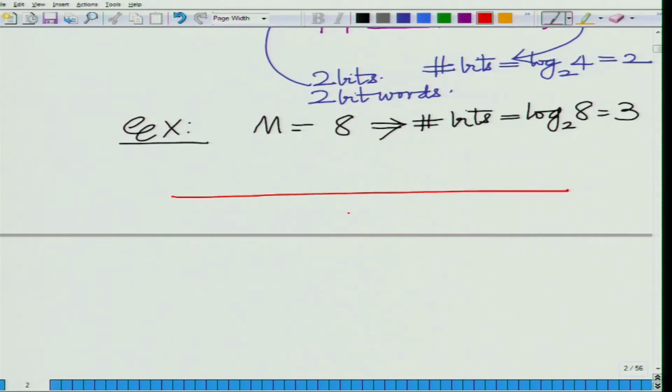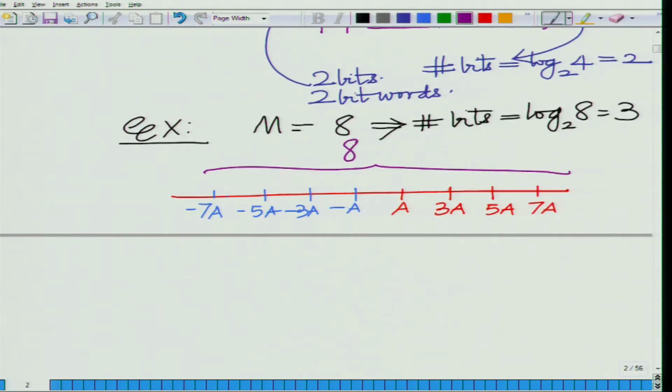If you look at the M levels, they are equispaced: A, 3A, 5A. So, we are generalizing this concept from A and minus A, and allowing M possible levels, up to minus 7A. So we have 8 possible levels.